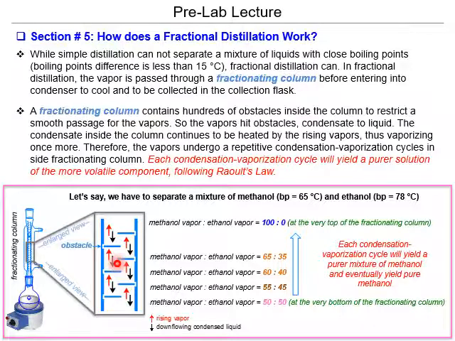The condensate inside the column continues to be heated by the rising vapor, thus vaporizing once more. Therefore, the vapors undergo repetitive condensation and vaporization cycles inside the fractional column. Each condensation-vaporization cycle will yield a purer solution of the more volatile component, following Raoult's law.